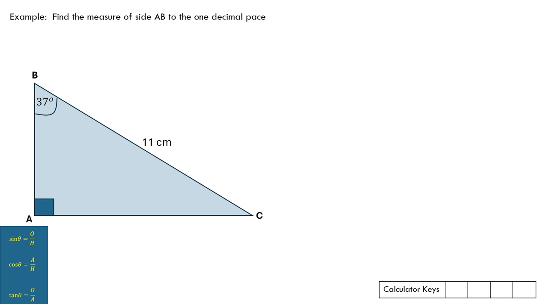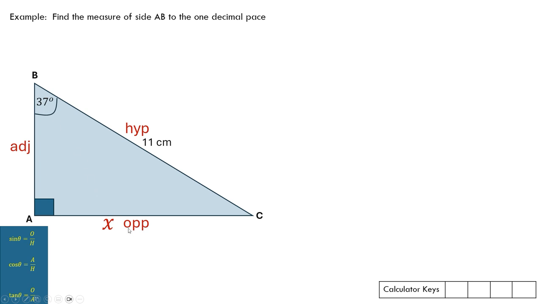In this example, we're asked to find the measure of side AB to 1 decimal place. So here's A, B right here. Since this is the reference angle, this will be opposite, this will be hypotenuse, and this will be adjacent.